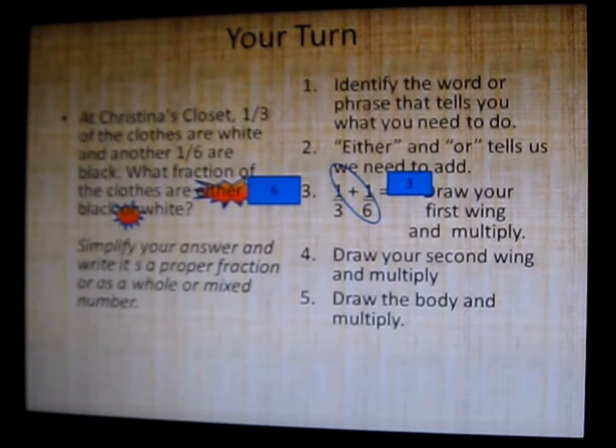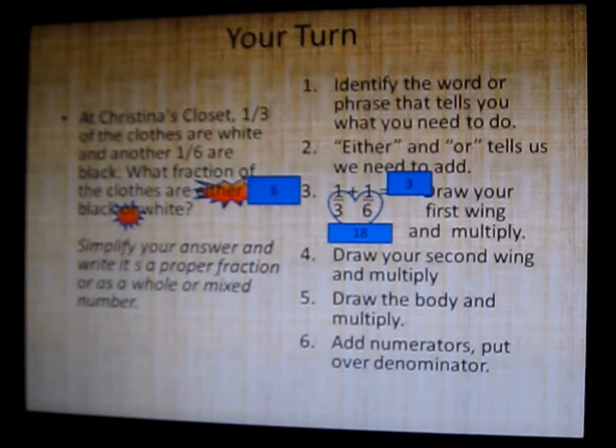Now draw the body of your butterfly and multiply. 6 times 3 equals 18. Add the numerators, but leave the denominator the same.